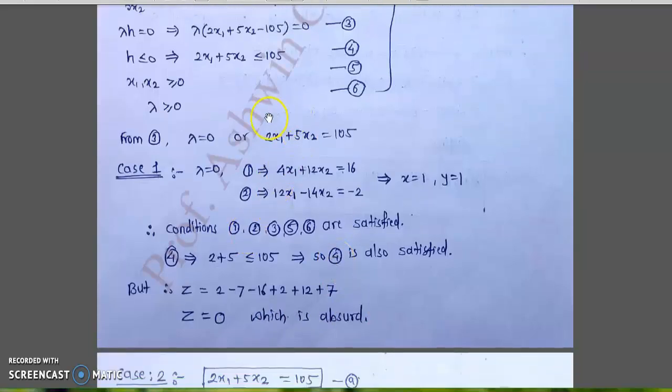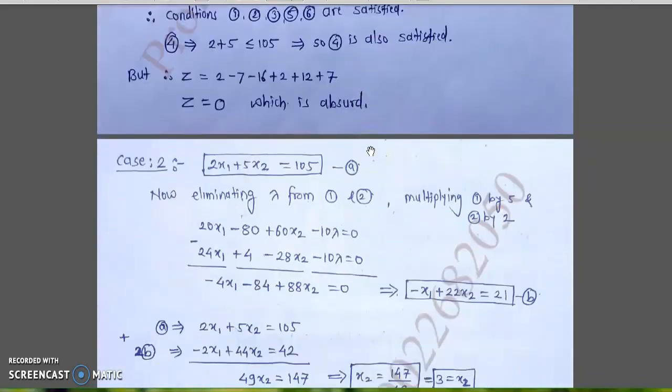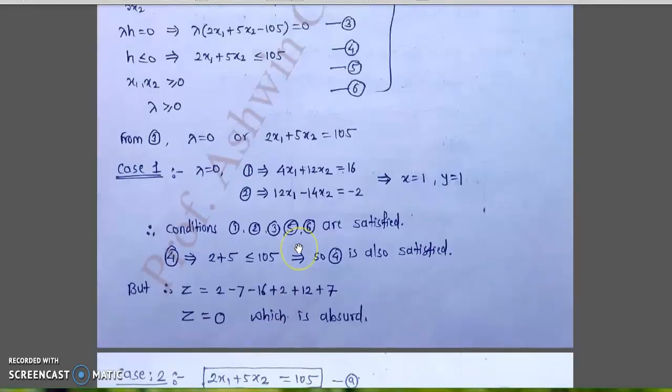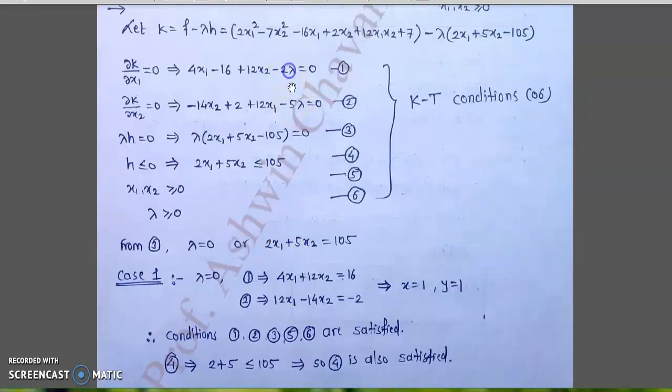So we have case 2, that 2x1 plus 5x2 is equal to 105. Call it equation number A because it contains x1 and x2. If we are able to find one more equation in x1 and x2, we can solve them simultaneously. So we have equations 1 and 2 for the same. They are in terms of lambda. If we eliminate lambda here, we get a resultant equation in x1 and x2.